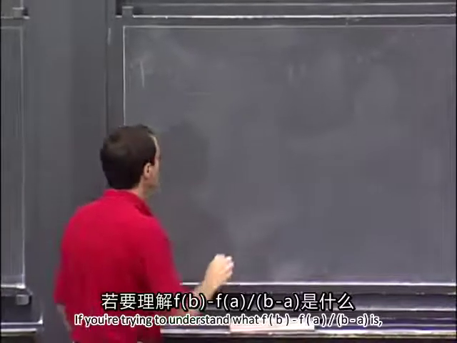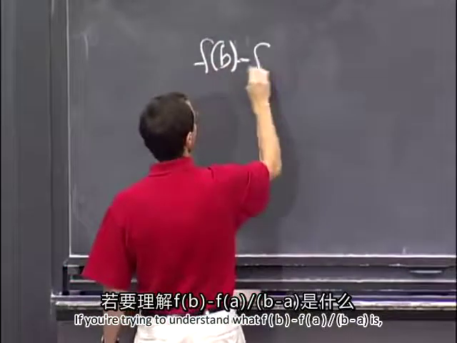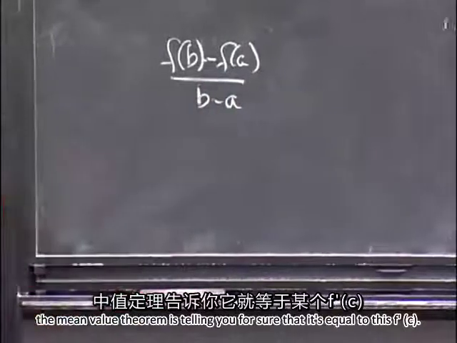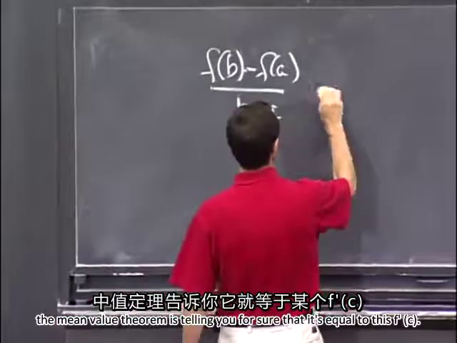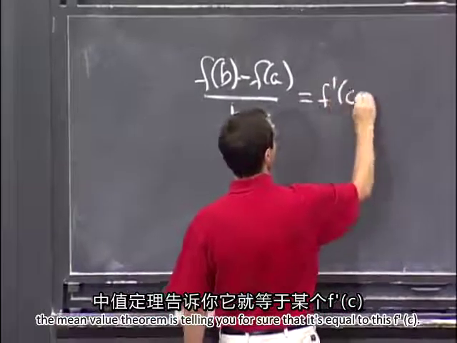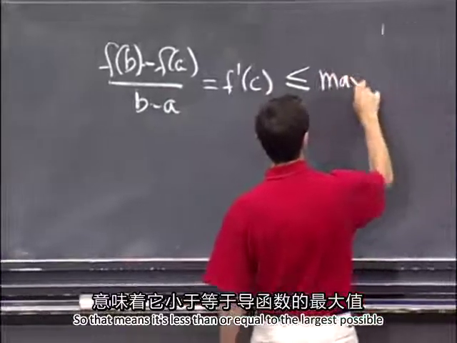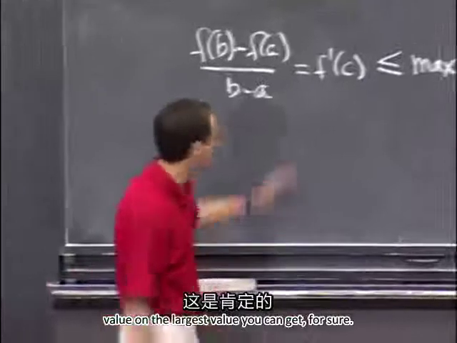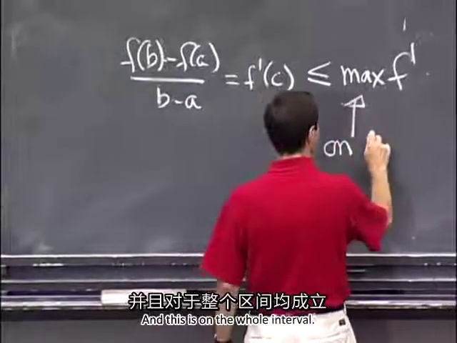If you're trying to understand what f of b minus f of a divided by b minus a is, the mean value theorem is telling you for sure that it's equal to this f prime of c. So that means it's less than or equal to the largest value you can get, for sure. And this is on the whole interval.